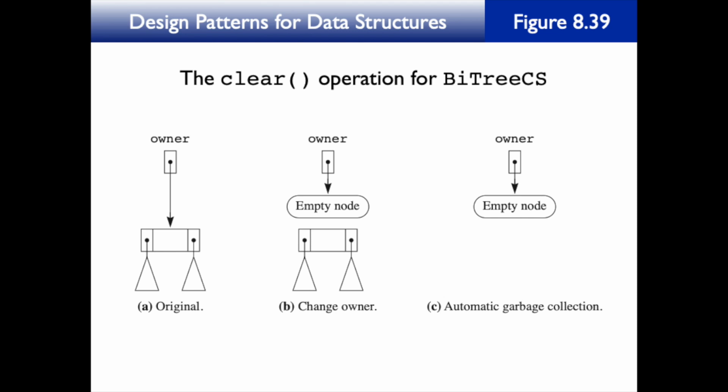Without shared pointers, the programmer would have to manually and individually clear the left subtree and clear the right subtree and clear the root. But with the magic of automatic garbage collection, we are done. The left and the right subtrees are automatically garbage collected, as well as the node itself.